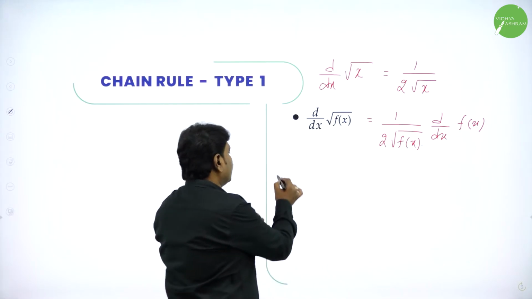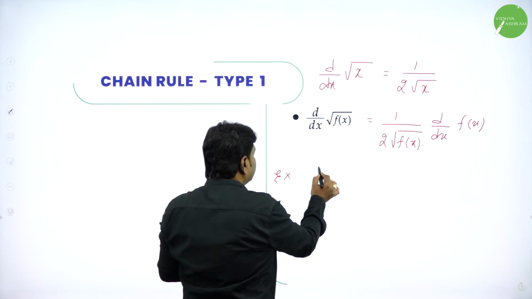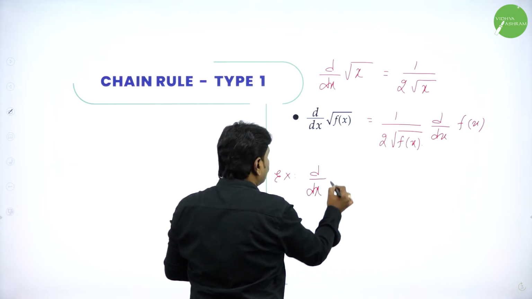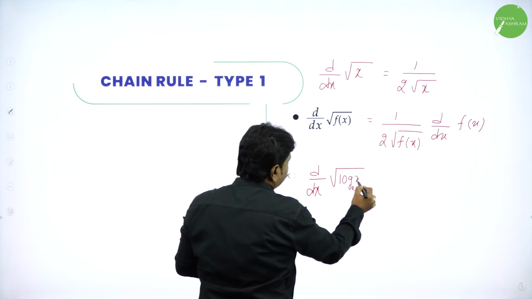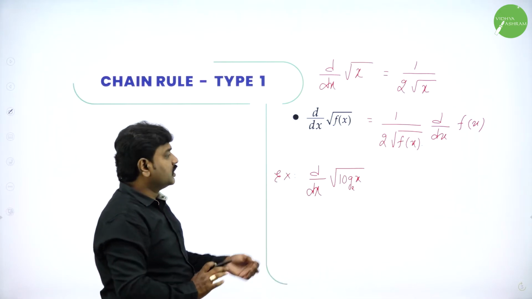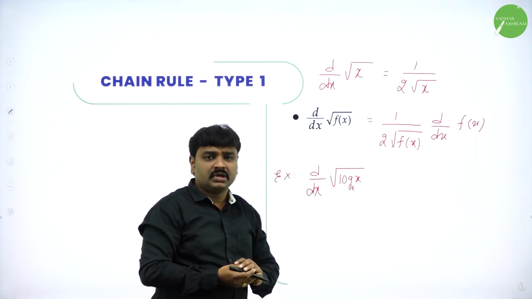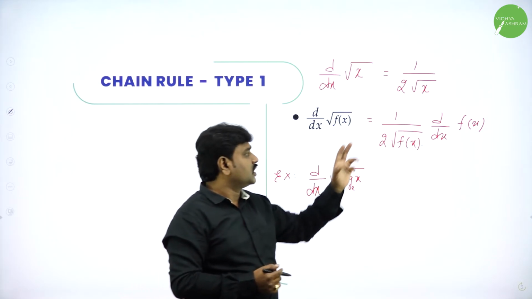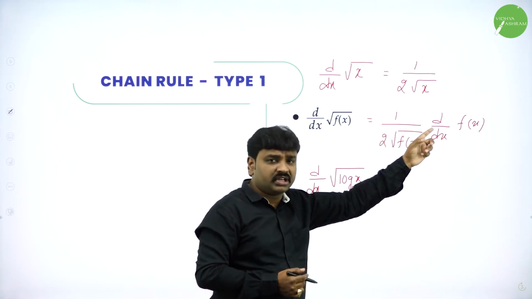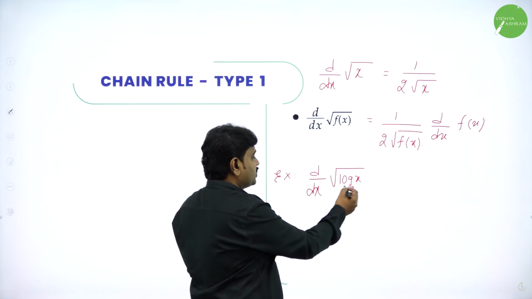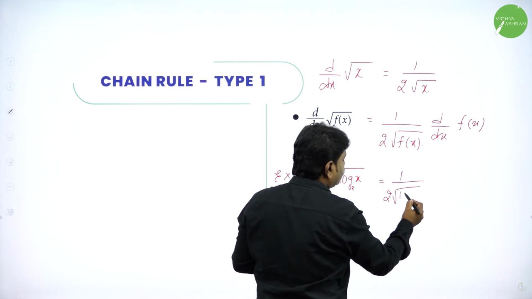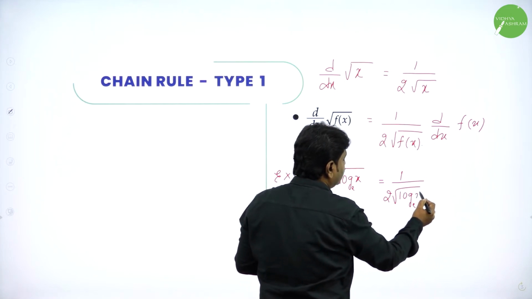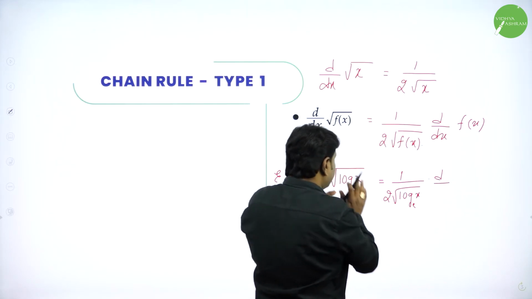We will take some examples. Say d by dx of root of log x. Inside the root, I have log x. This is the question. Is it in the form root f of x? What is the derivative of root f of x? 1 by 2 root f of x into d by dx of f of x. So what is d by dx of root log x? 1 by 2 root log x into the derivative of, if it were x, I would have stopped.